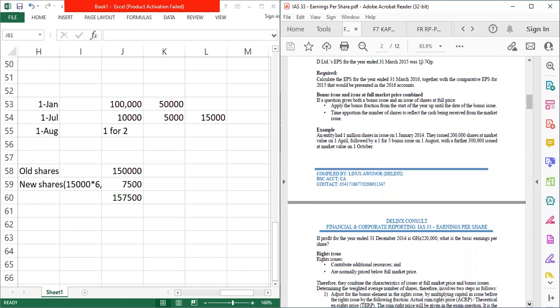They issued 200,000 shares at market value on 1st April, followed by a 5-for-1 bonus issue on 1st August, with a further 300,000 issued at market value on October 1. If profit for the year ended 31st December 2014 is 220,000, what is the basic earnings per share?